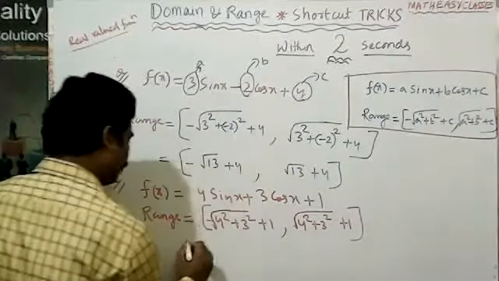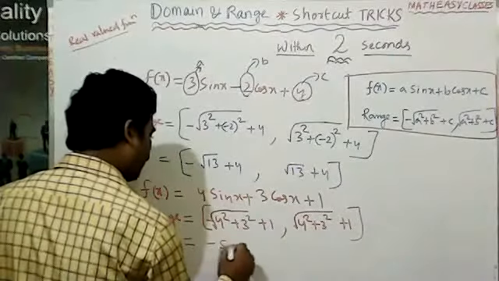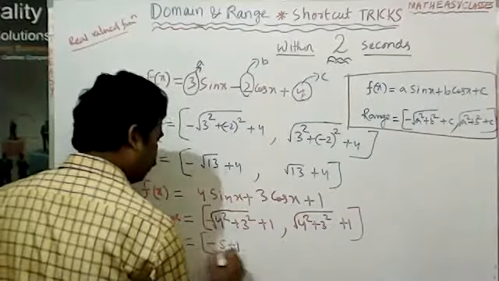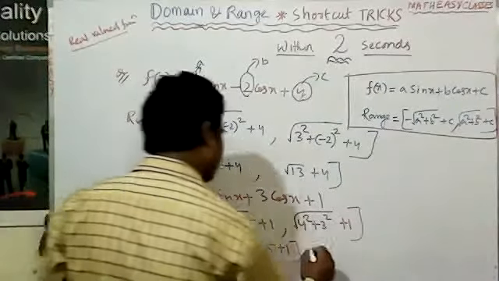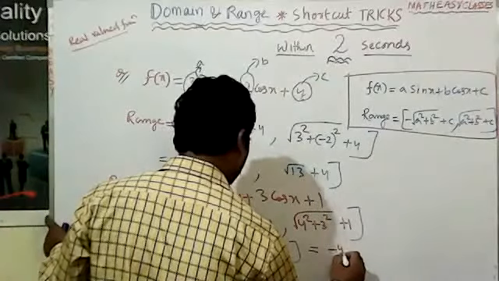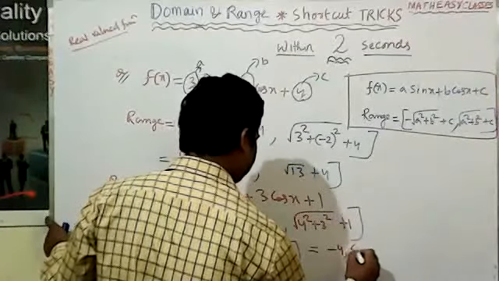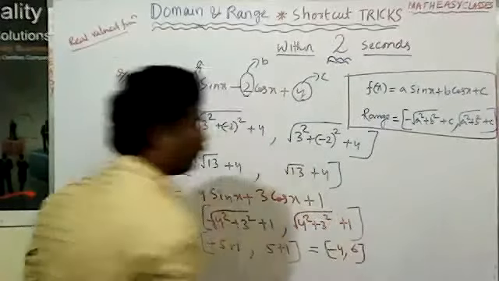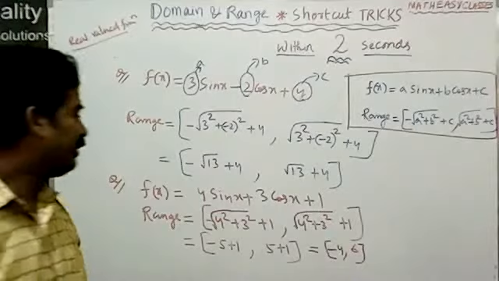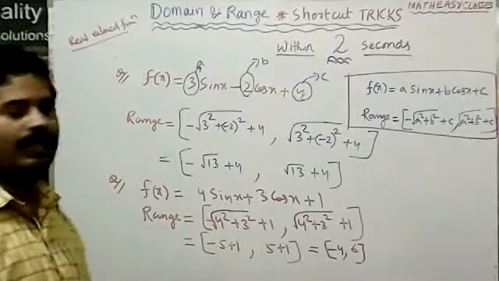This is a closed interval. That is minus 5 plus 1, and 5 plus 1. So the range is the closed interval from minus 4 to 6.